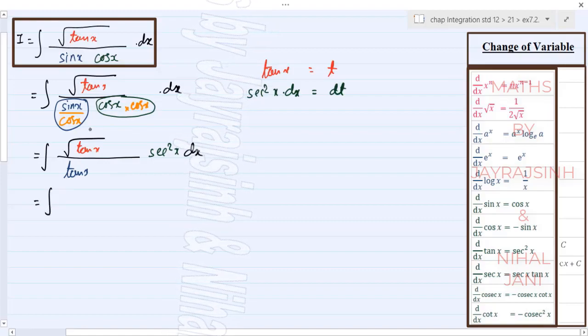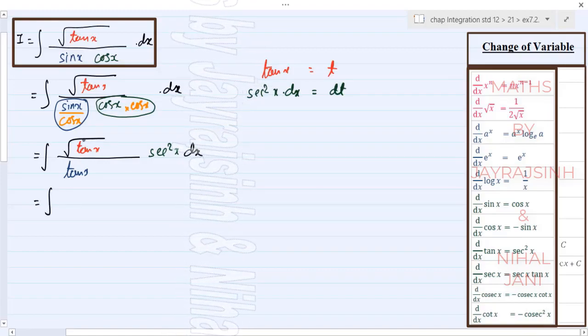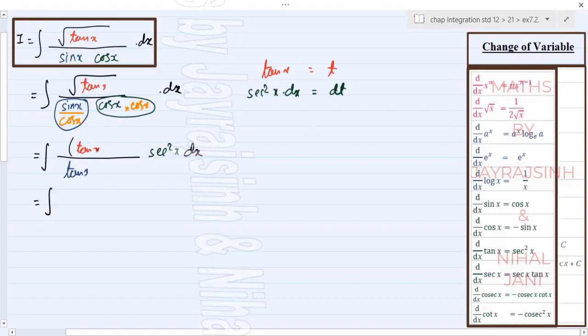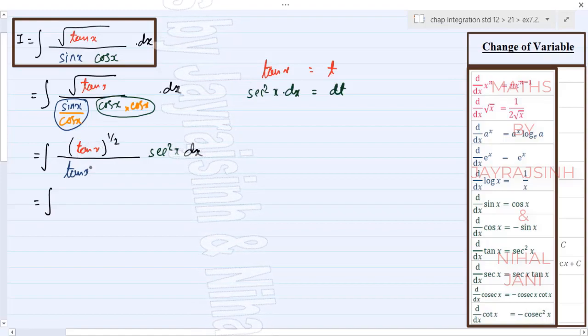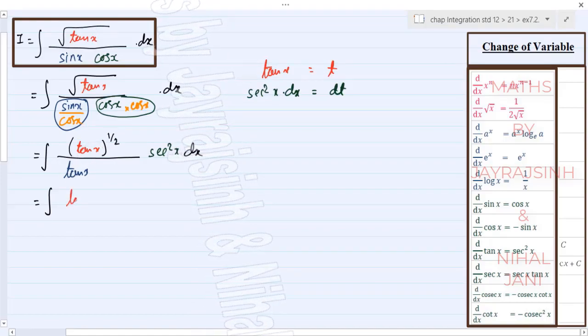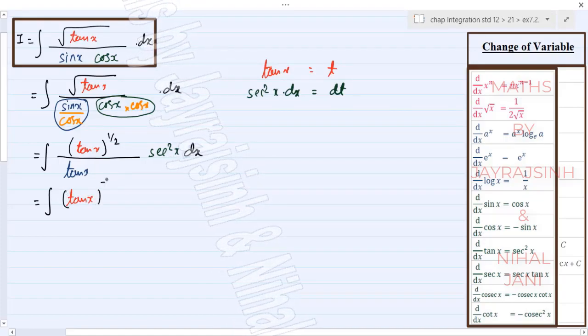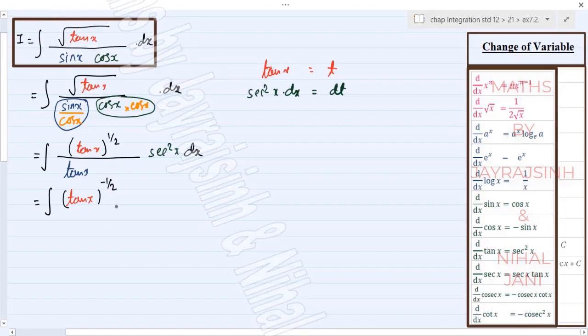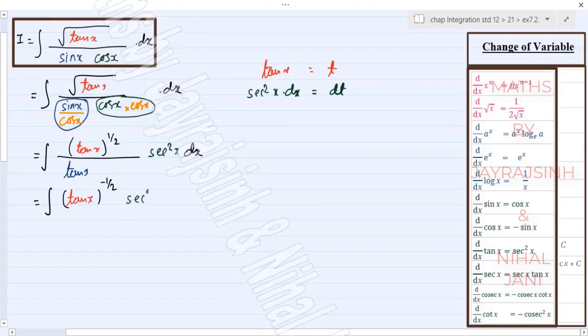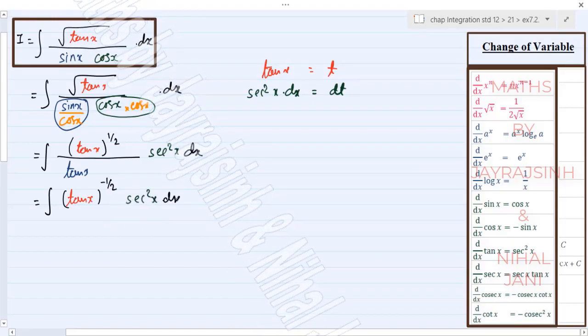So here we get under root of tan x, or we can say tan x raised to 1 by 2 upon tan x raised to 1, which will give us tan x raised to 1 by 2 minus 1, or we can say minus 1 by 2, into sec square x dot dx.